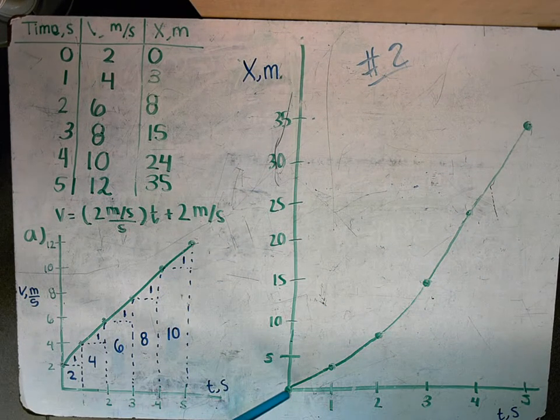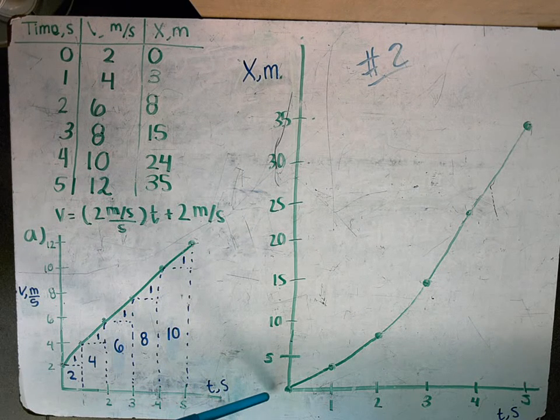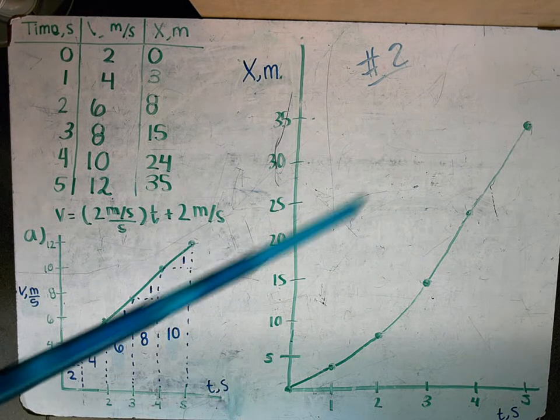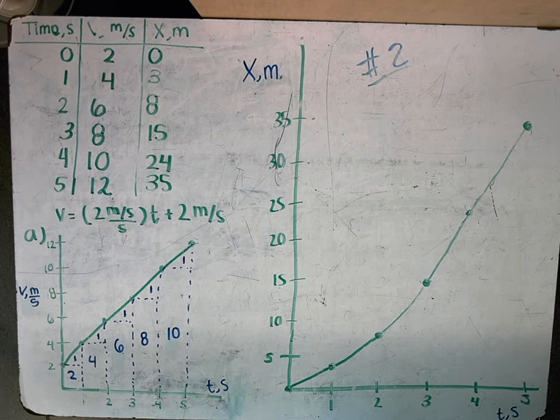If you use graph paper, I mean, it's just a whiteboard here, this should make a nice, smooth, parabola kind of shape. Okay? So check your work with that. Star and question mark each part. Okay? Don't forget to star and question mark your work. That is all.